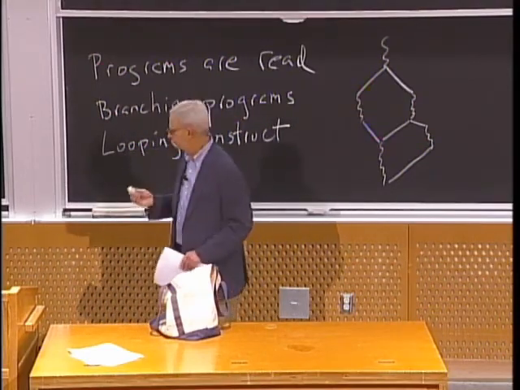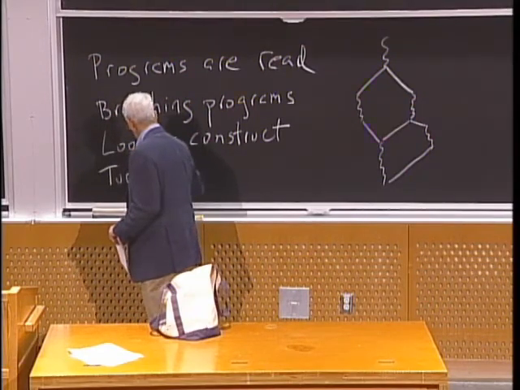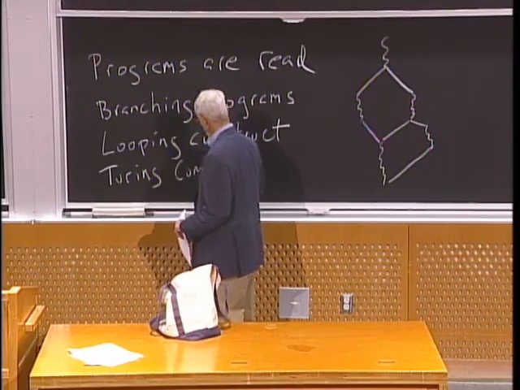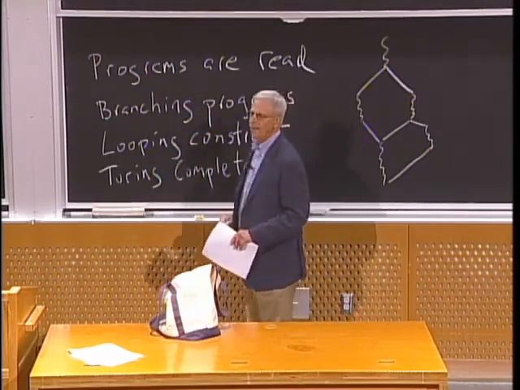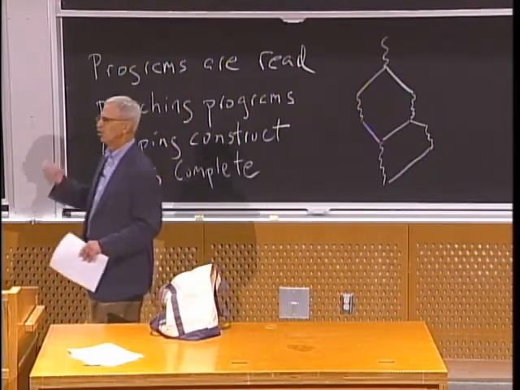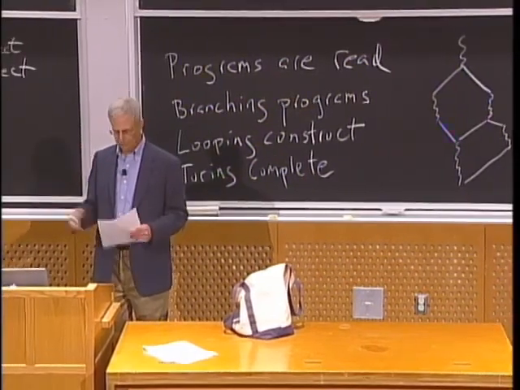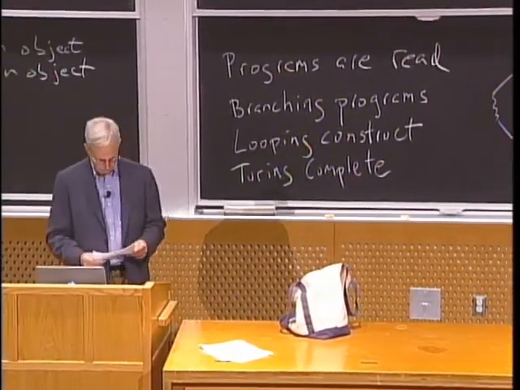Once we add loops, we get to a class of programming languages or programming constructs that's called Turing complete. And I mentioned this last time. Any function that can be computed can be computed in a Turing complete language. So let's look at an example here.